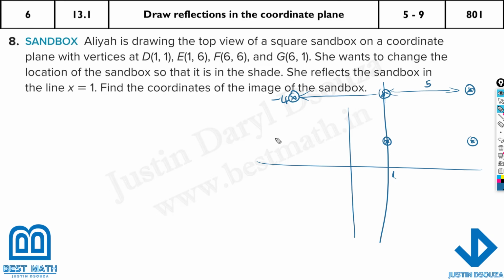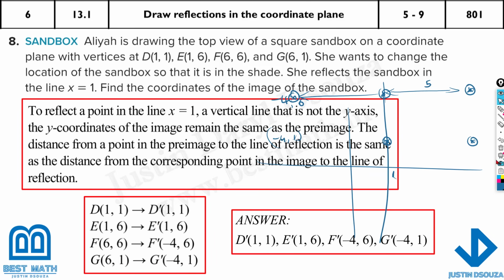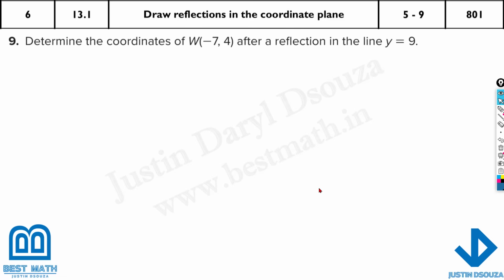It will be -4 and 1. So here -4 and 6. So only these are the two changes. The other two will be the same. Here you can see 1 and 1 does not change. Even 1 and 6 does not change. But the other two, -4 and 6 and -4 and 1. That's the answer.